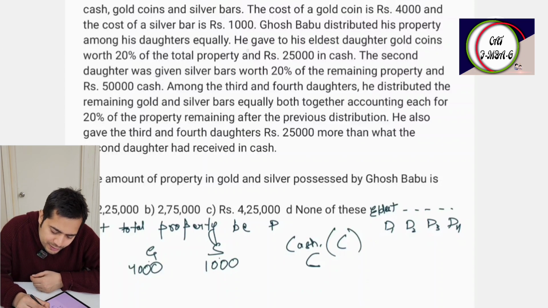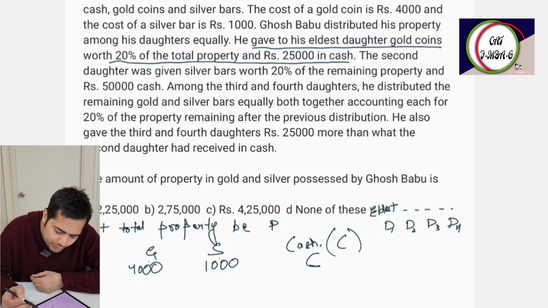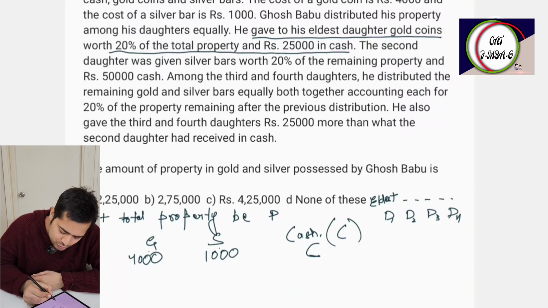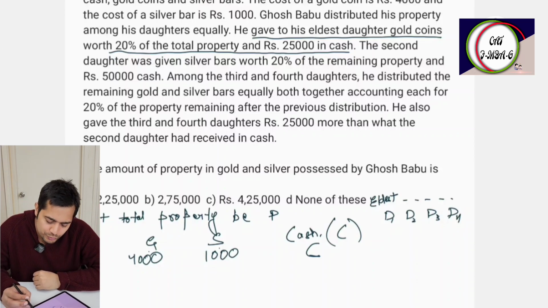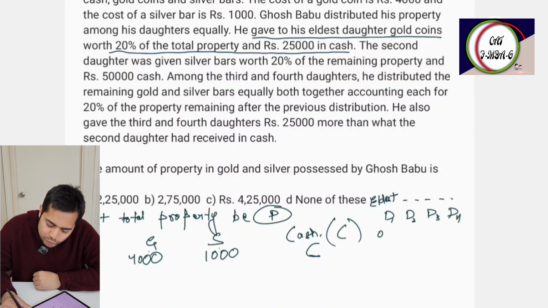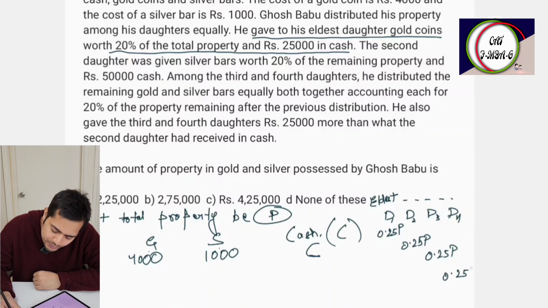Okay, so it is given that he gave to his eldest daughter gold coins worth 20% of the property and 25% of the cash. It is also given that the property is distributed equally among all the four daughters. So we have considered that total property is P. So D1 is going to get 0.25P, D2 is going to get 0.25P, D3 is going to get 0.25P, and D4 is going to get 0.25P.